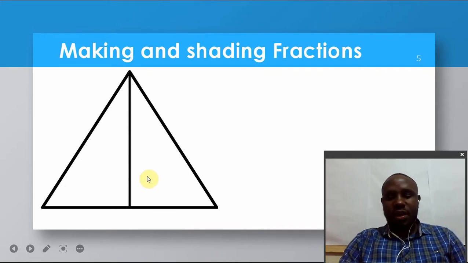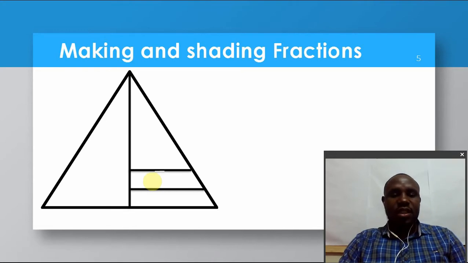What am I going to do next? I am going to shade one part of the triangle, as you can see. When you are shading, make sure you shade inside, because when you shade outside, you become a monster. That's how they say. So I've shaded inside.